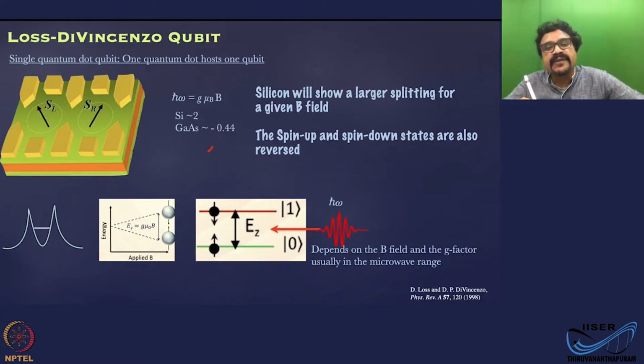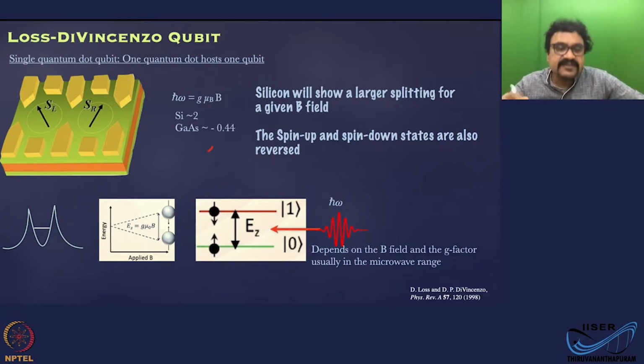The interaction between these two states can be turned on by applying electromagnetic radiation of appropriate frequency, which is usually in the microwave range, h bar omega equal to g mu B times B. So you can turn on this interaction between these two.